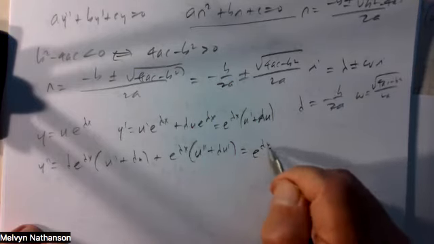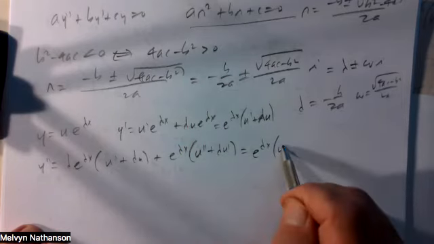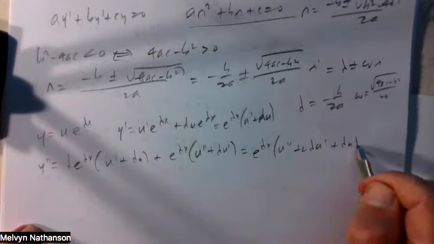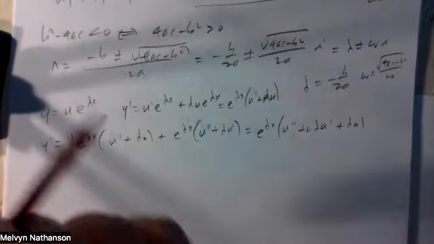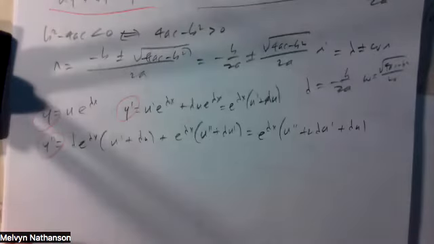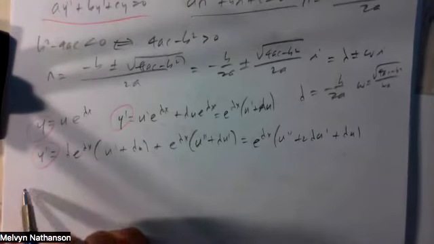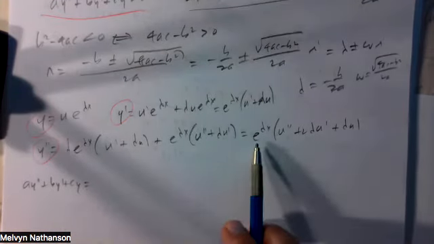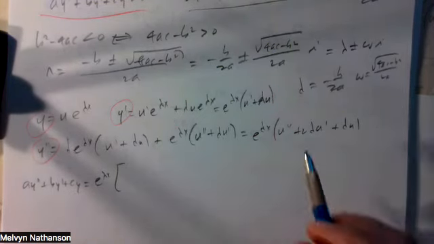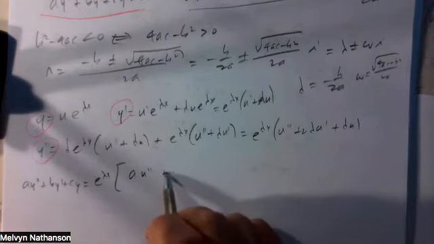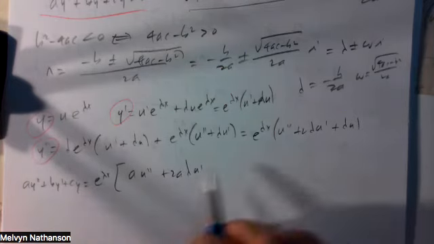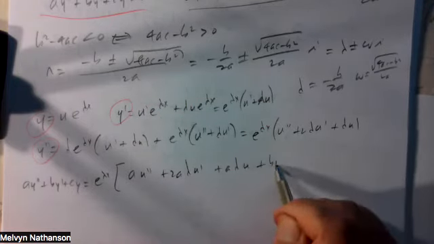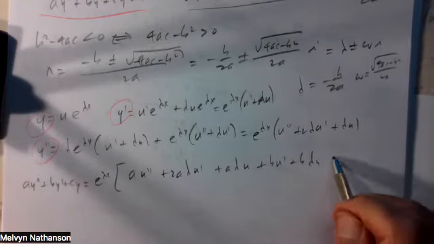If I take these three expressions for y, y prime and y double prime and put them into my differential equation, I get A y double prime plus B y prime plus C y equals A times this, factoring out e to the lambda x from every term, A u double prime plus 2A lambda u prime plus A lambda u, plus B u prime plus B lambda u, plus C u.